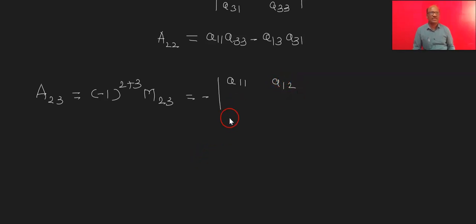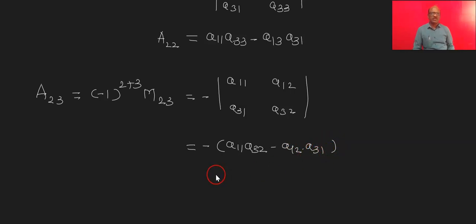And the last is a31 and a32. If you evaluate it, then you will get minus in bracket a11 a32 minus a12 a31.